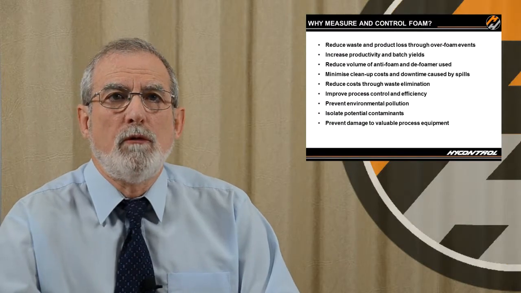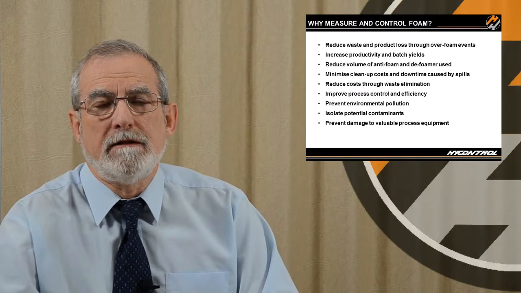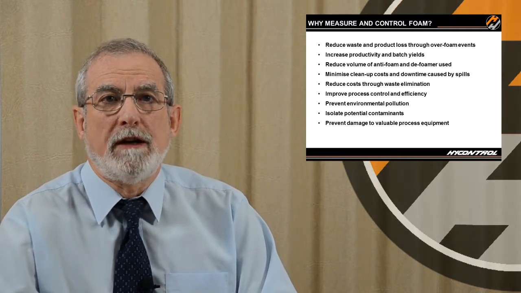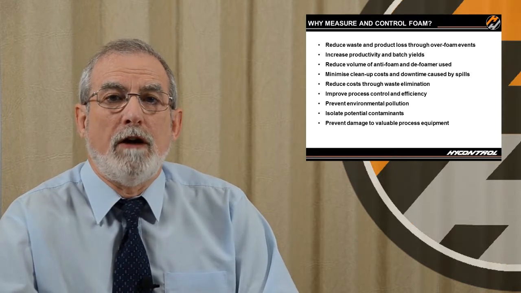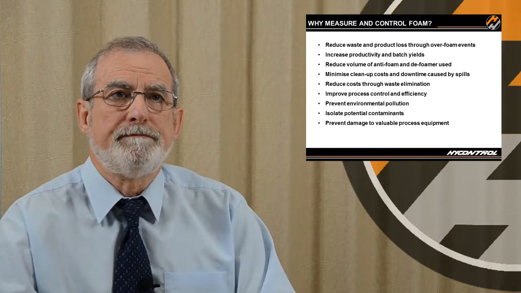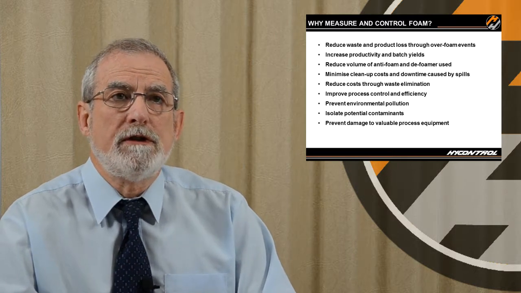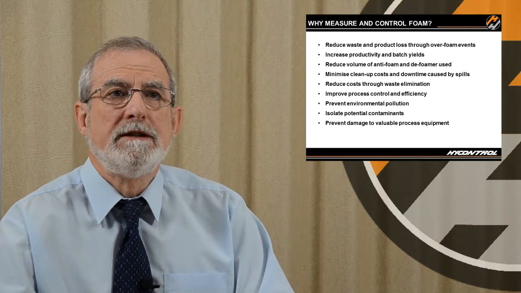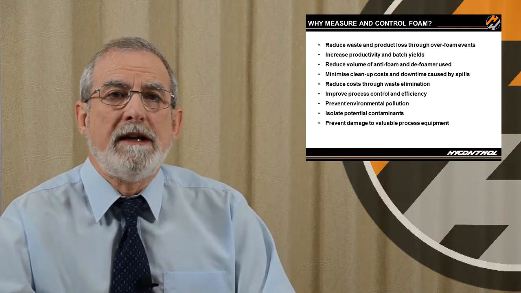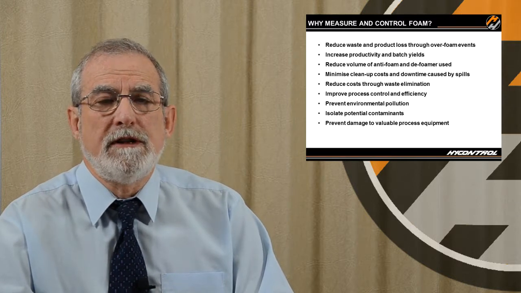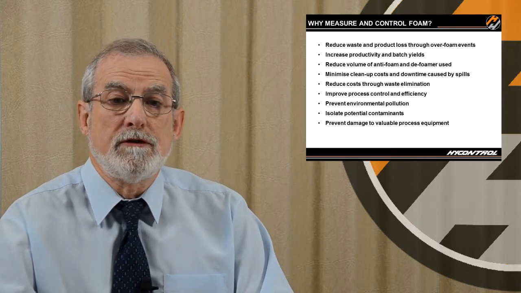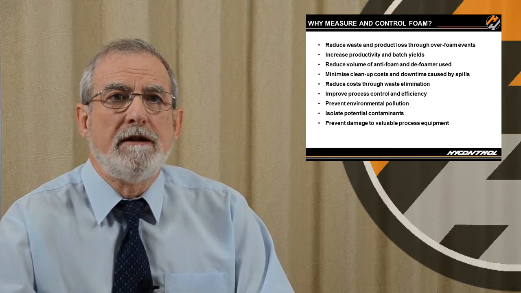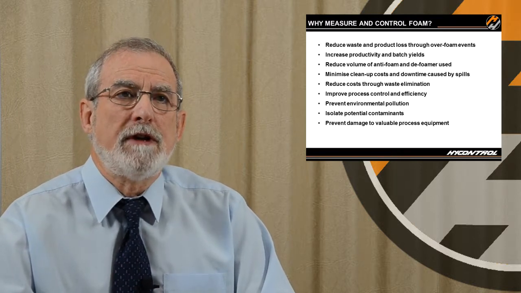So why would we want to measure and control the foam? Well, first of all, we want to reduce waste and product loss through overfoaming, foam over situations. We also want to increase productivity and improve yields by making processes run better. In many cases, we'll add chemical antifoams or defoamers into a process in order to control the foam, and managing the quantity of expensive additions of chemicals is important.